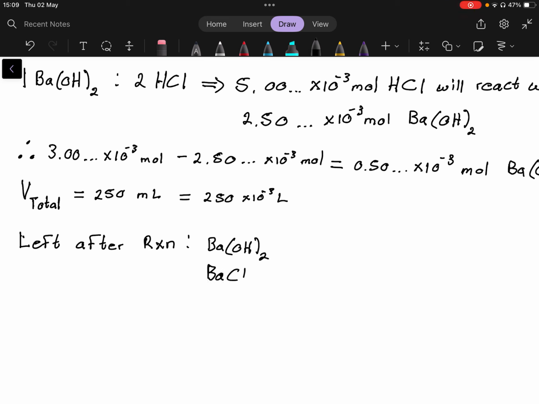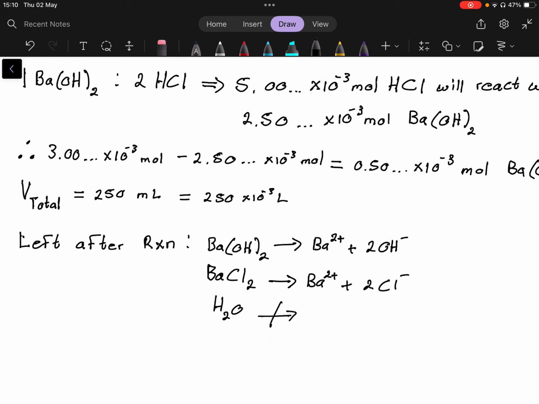There's barium chloride that has formed, and there's water. All the HCl has reacted. Barium hydroxide is a base, so it will split into barium 2 plus and 2 hydroxide ions. Barium chloride is a soluble salt, so it will split into barium 2 plus and 2 Cl minus ions. And water is not an ion, so it's irrelevant. It's just the solvent. We've made more solvent.